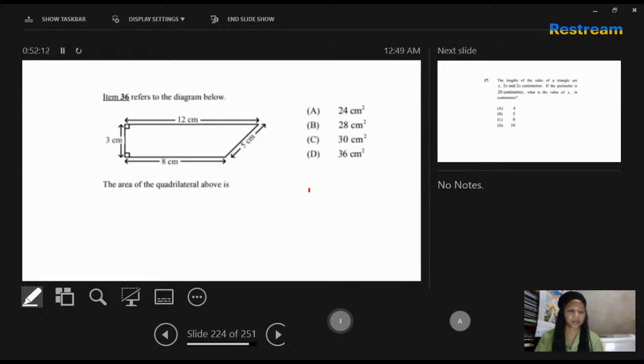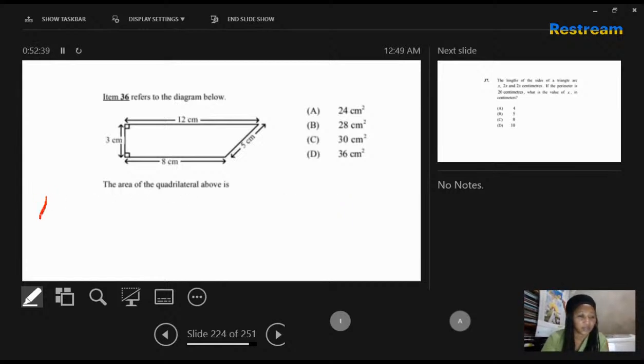Okay, Asar. Number 36. Item 36 refers to the diagram below. The area of the quadrilateral above is... What's the name of that quadrilateral? Trapezium.